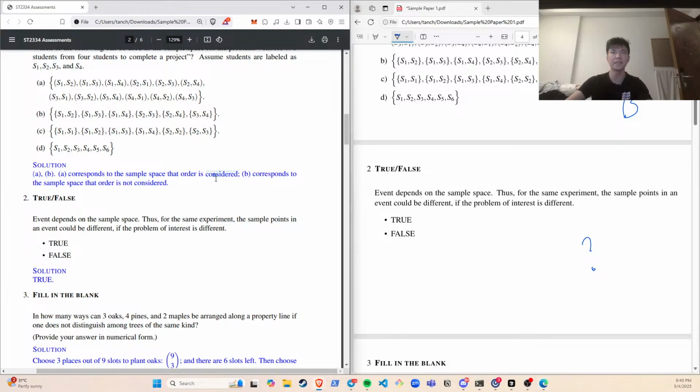Okay, so what is an event in sample space? Let me just try to abstract the problem.